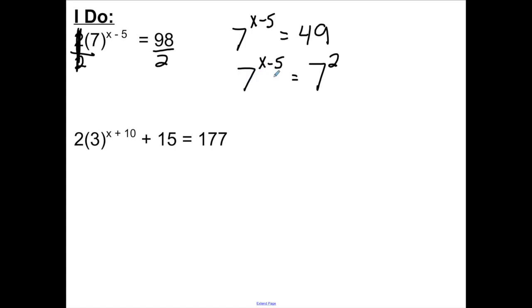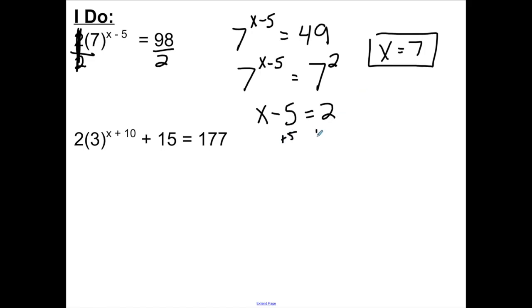Now, because these expressions are equal and the bases are the same, because of the one-to-one property, the exponents must be equal. That is to say, x minus 5 must be 2, and 7 is the number which, when you subtract 5, gives you 2, and you can see it by adding 5, and so therefore 7 is the answer.